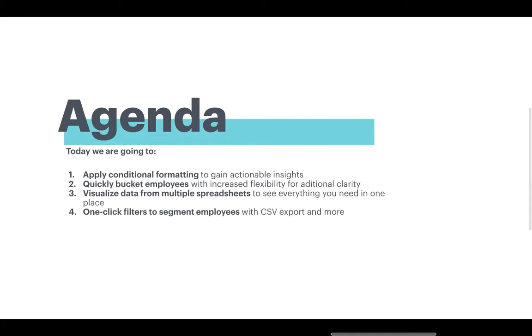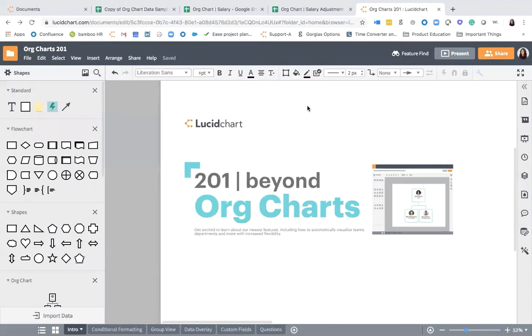We'll talk about how you can visualize data from multiple spreadsheets, so you can see all of your different data in one place at one time in a very easy way. And last but not least, we'll talk about how you can use one-click filters to segment employees to see exactly what you want to see when you want to see it. That said, let's get started jumping into Lucidchart.